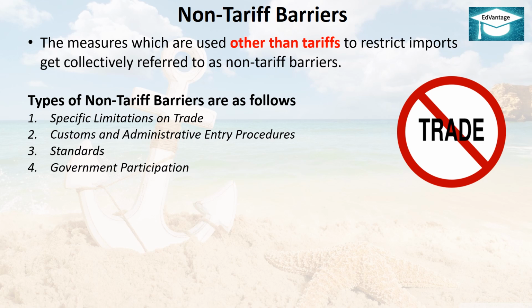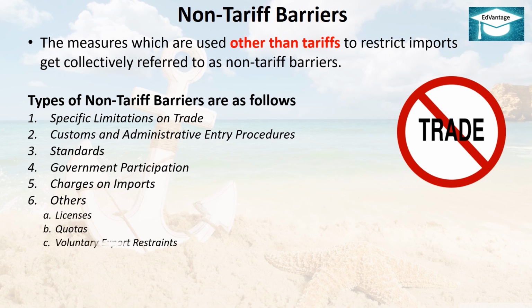Government participation. 5. Charges on imports. 6. Others, which is further divided into A. Licenses, B. Quotas, C. Voluntary export restraints, D. Embargo, E. Standards. These are briefly discussed in the next slide.